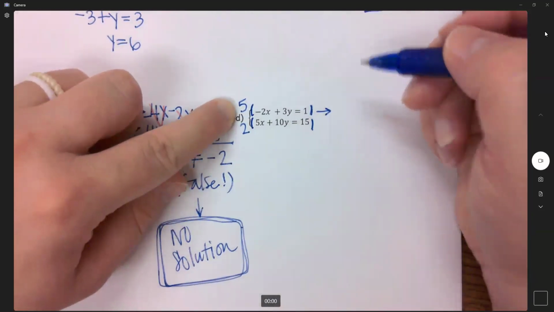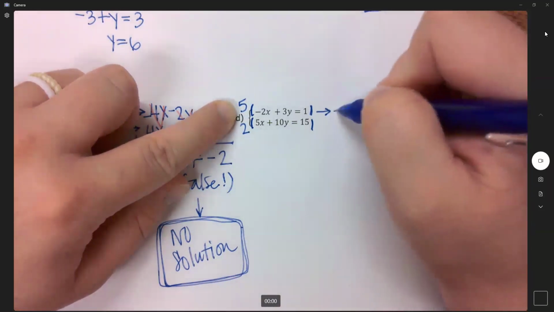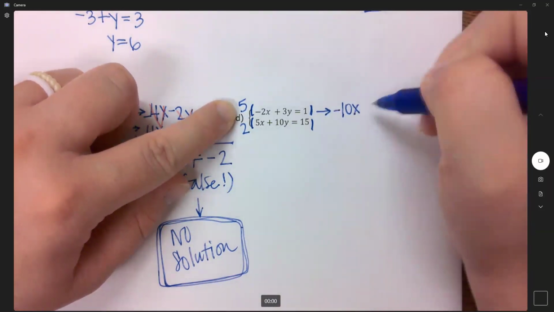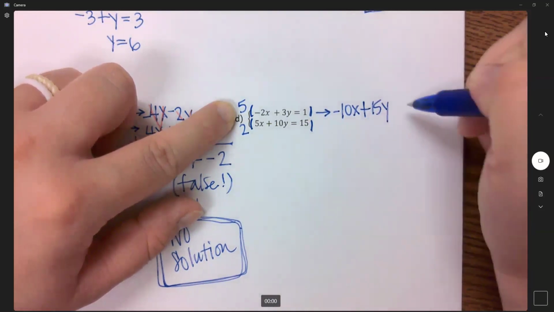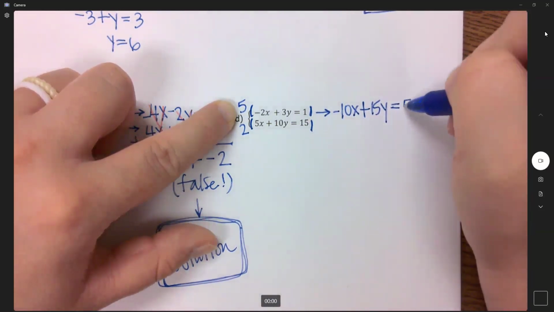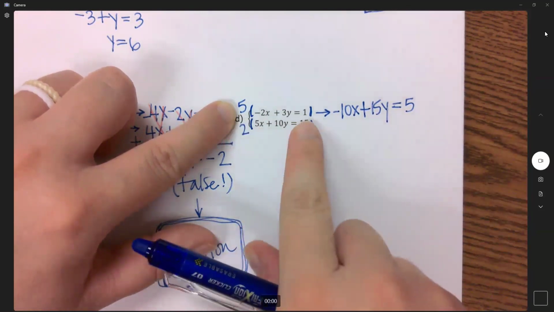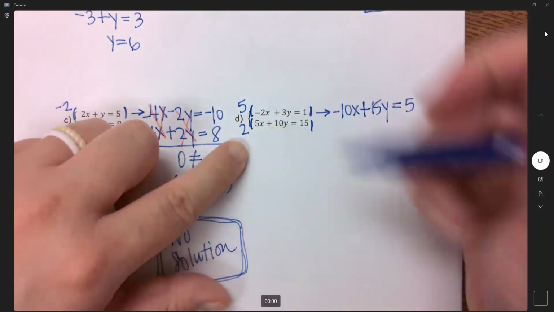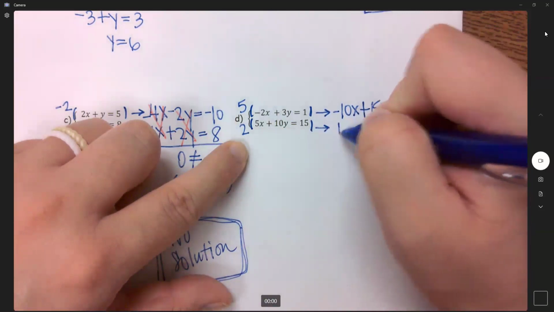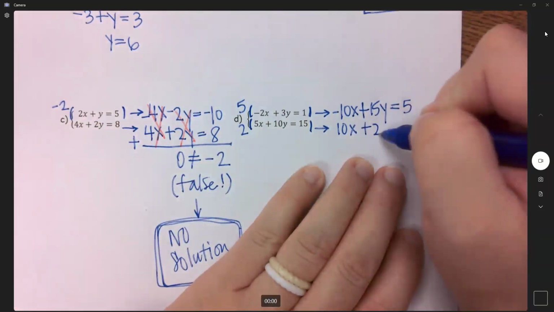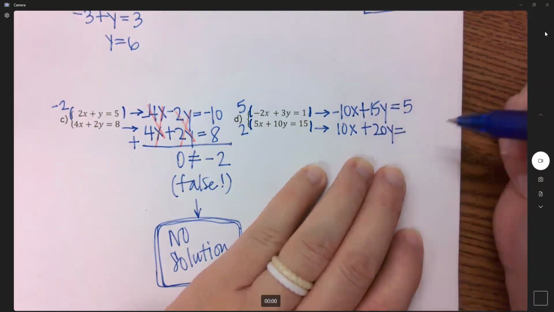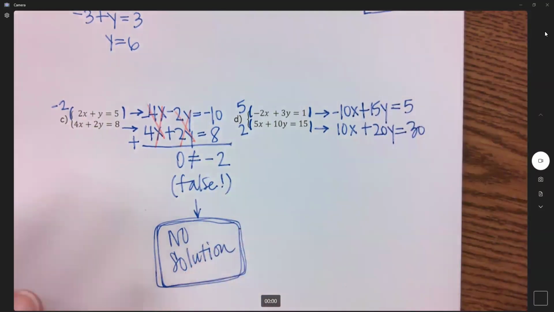So now this equation here would become negative 10x plus 15y equals 5. Hopefully you remember to do 5 times 1. And then this bottom one would now become 10x plus 20y equals 30.